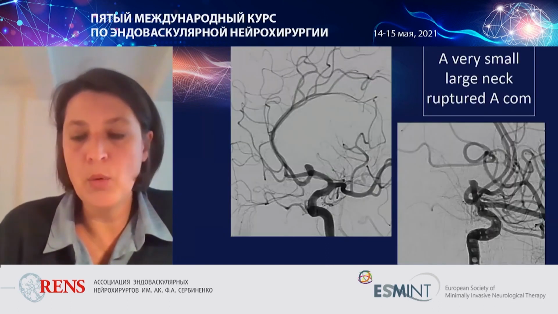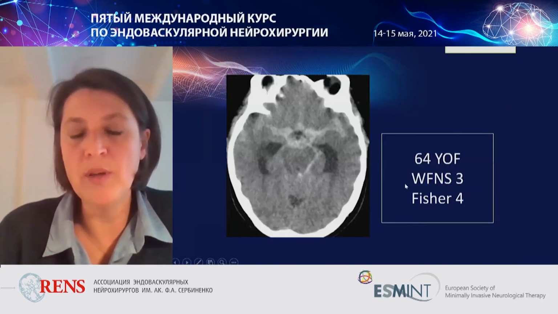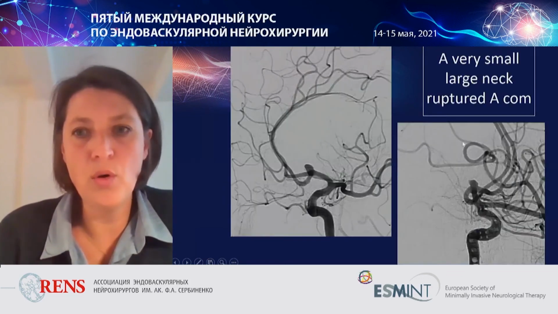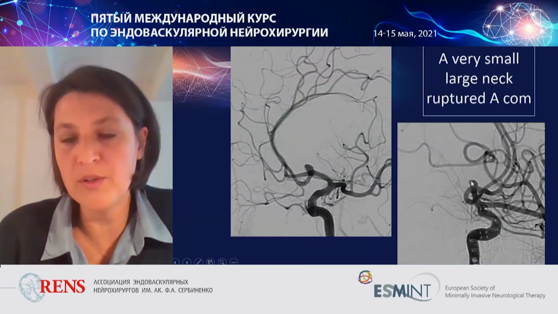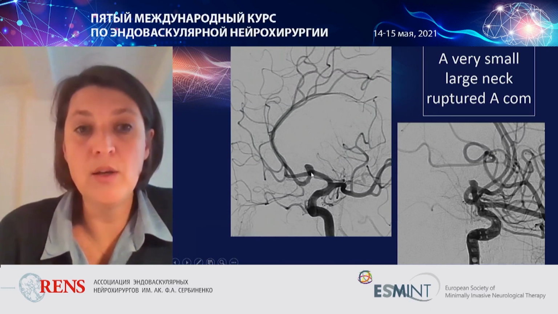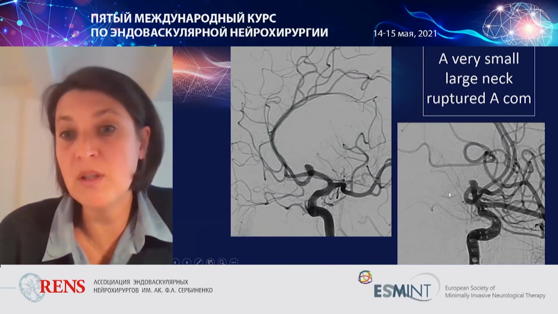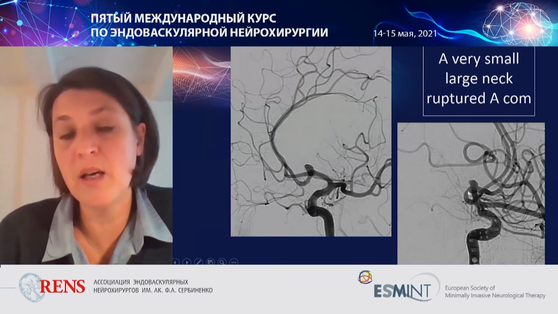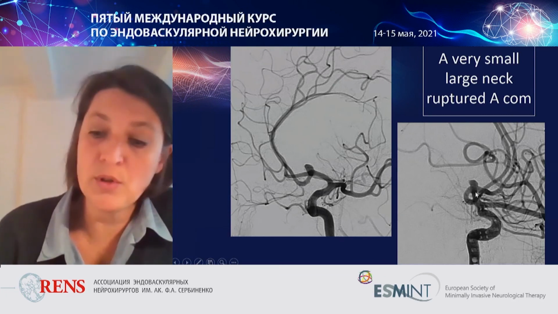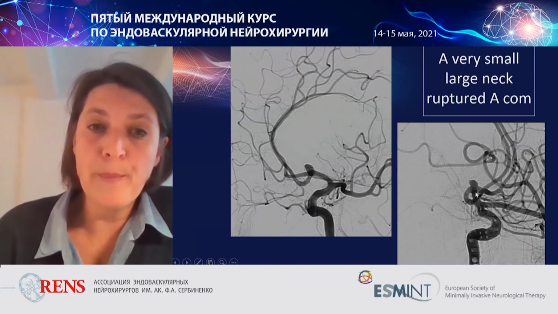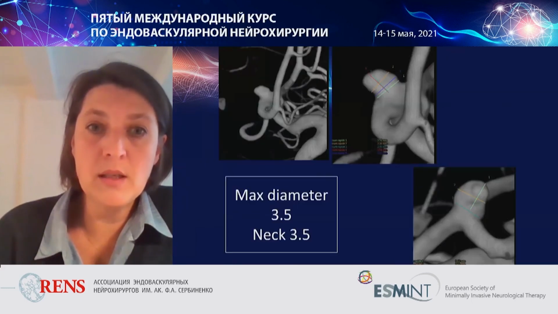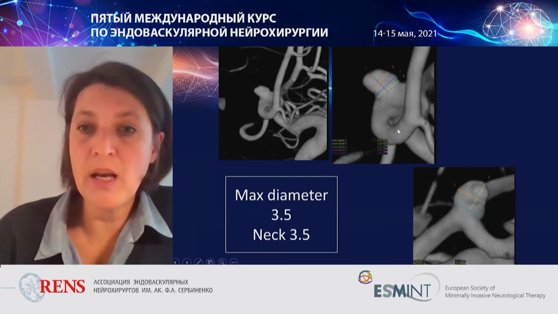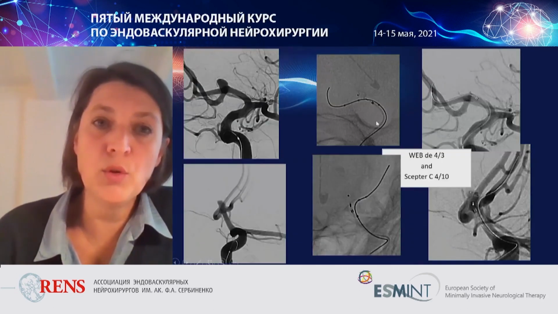Another case with this patient, WFNS 3, Fisher 4, this very small aneurysm with large neck, ACOM aneurysm. What to use? Difficult to use a stent at this time because of ruptured aneurysm. It's quite easy to imagine to put a web, but it was very helpful in this case to use a balloon.